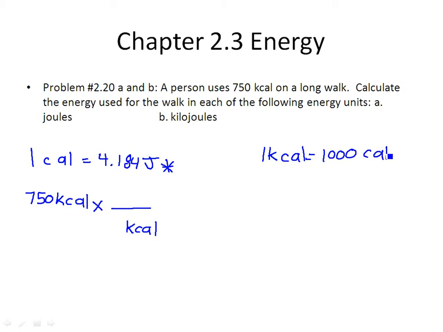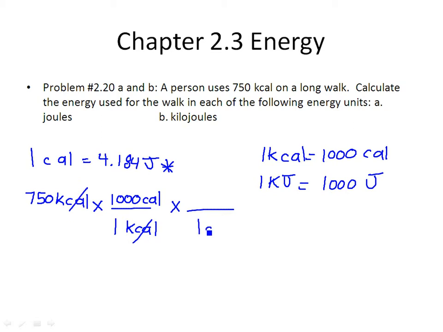The kilo means 1,000. And we also want to know that 1 kilojoule is equal to 1,000 joules. So the first thing we have to do is convert from kcals to calories. In 1 kcal there are 1,000 calories, and now we have calories on the bottom.